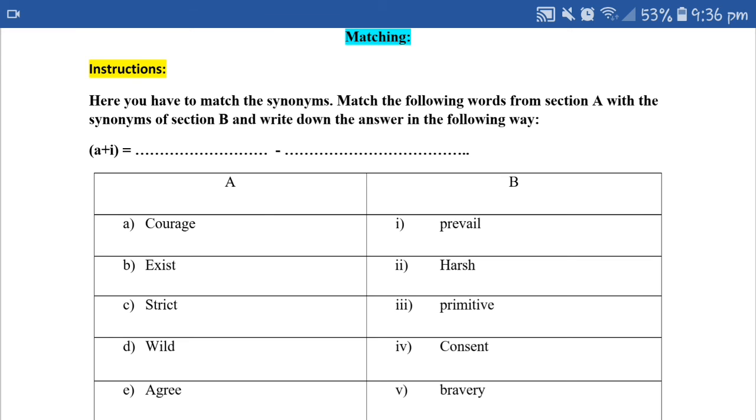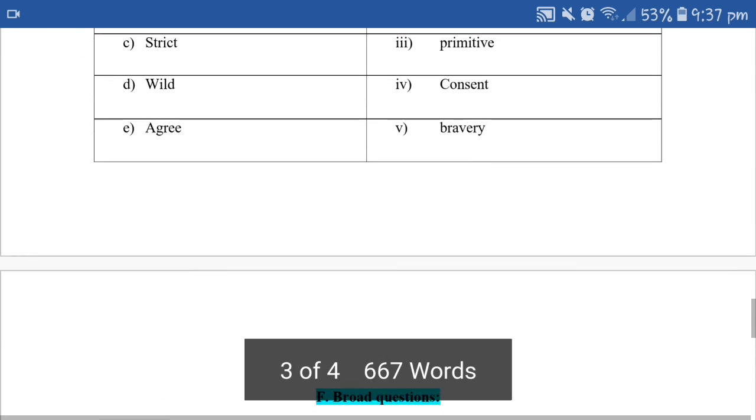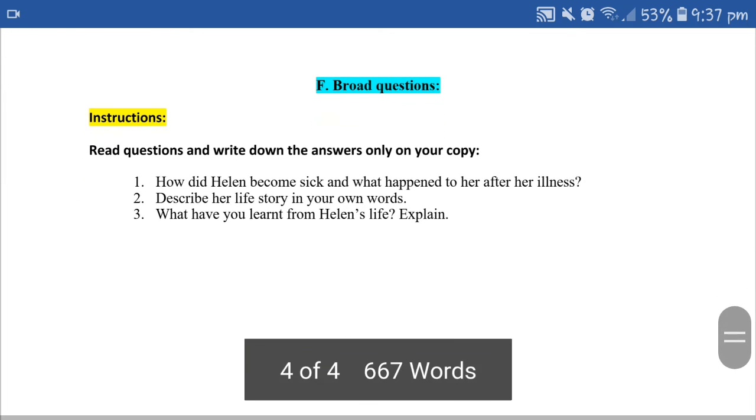For example, let's think that the synonym of courage is prevail, number 1. Then how will you write this answer? You'll write directly in this way: A, that means courage is A, right? A plus prevail number 1 equals, you'll put a bracket, then equals, then you'll write courage hyphen prevail. Is it clear?